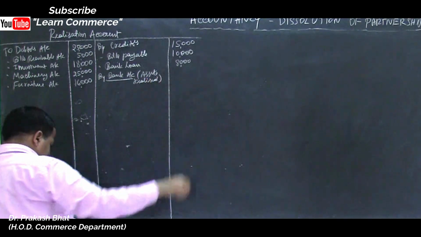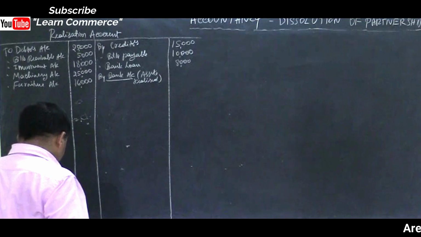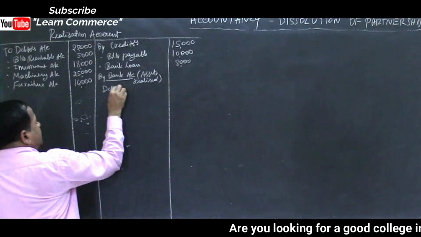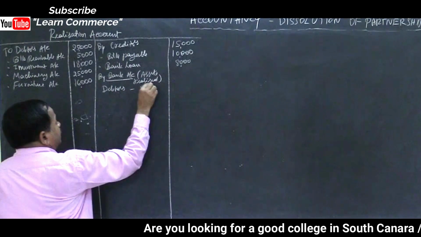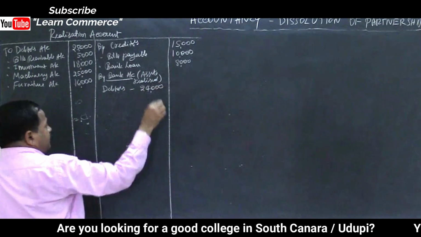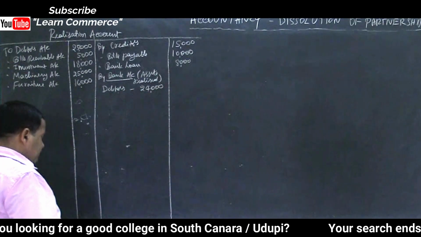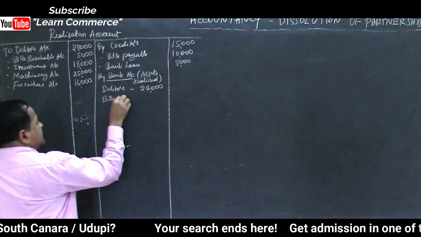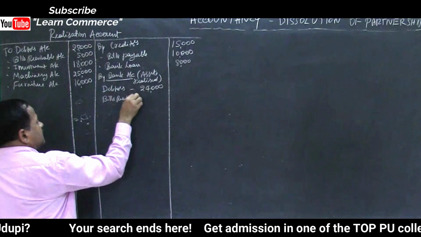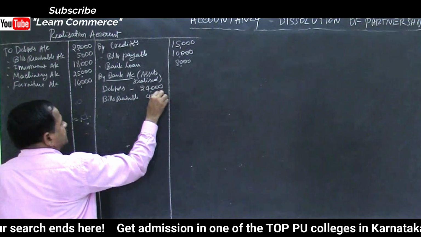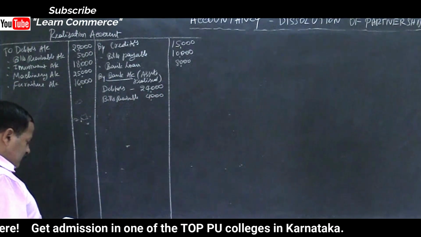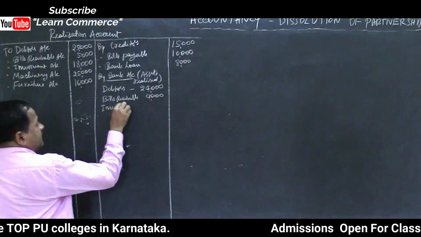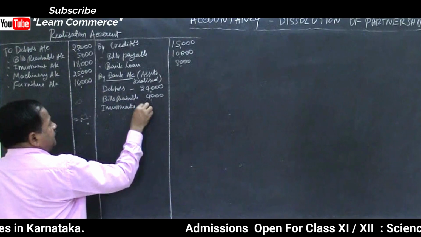Write one by one. Debtors 24,000 given in the problem, right? Refer to the adjustment part now. Bills receivable 4,000. Then investments 15,000.